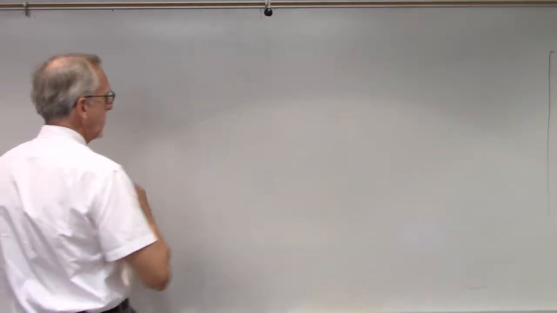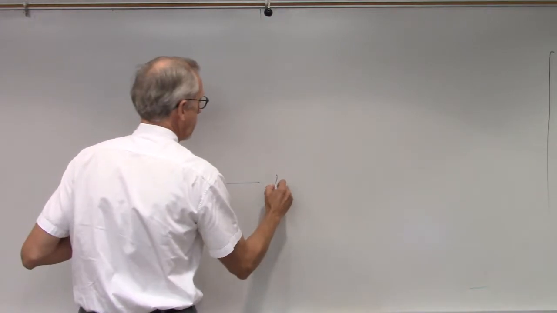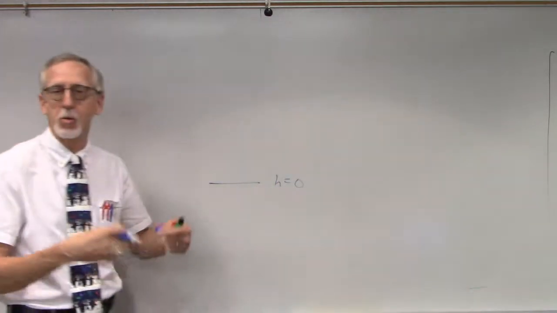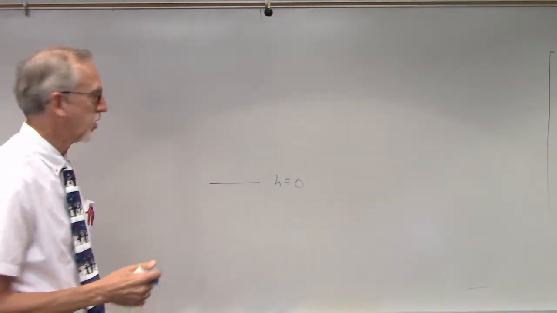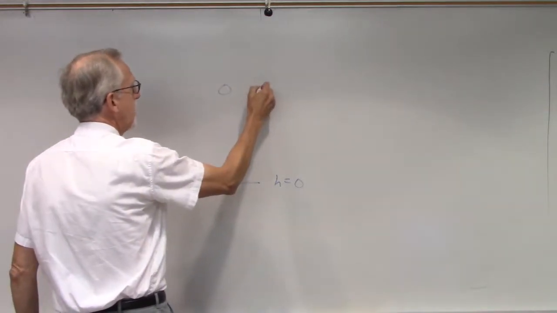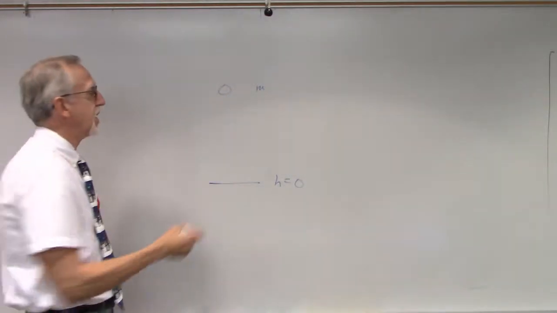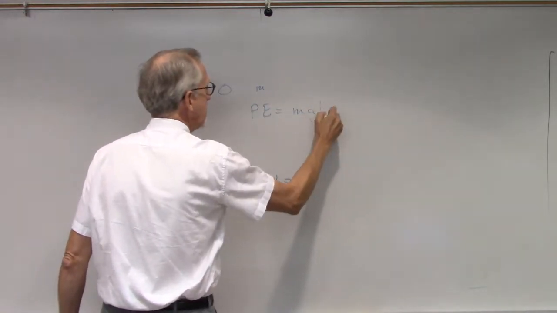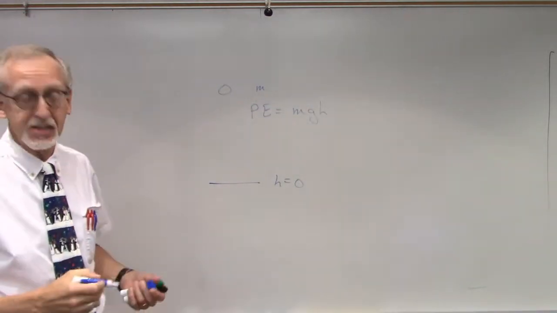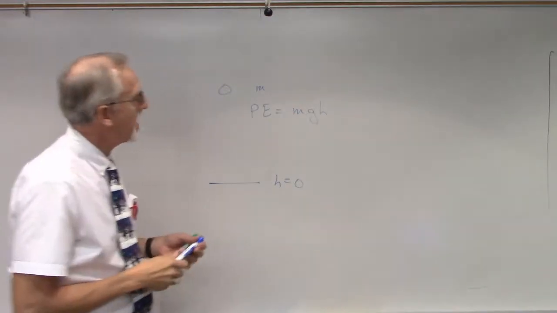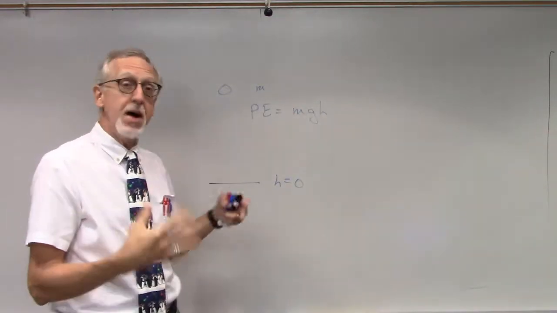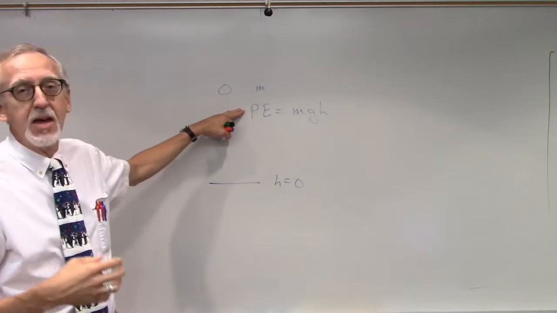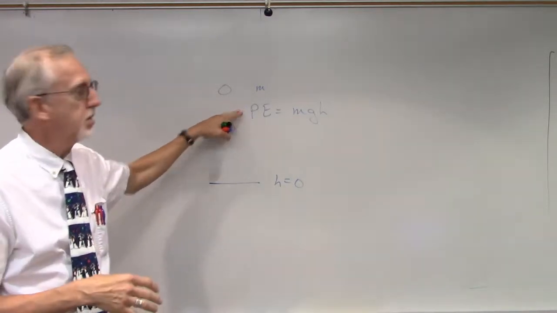So let's imagine we have some ground level or whatever where we want to define our zero height, and we've got some object with a mass m. We can then define the potential energy of that object, which, if you'll remember from last semester, 1111, is mgh.